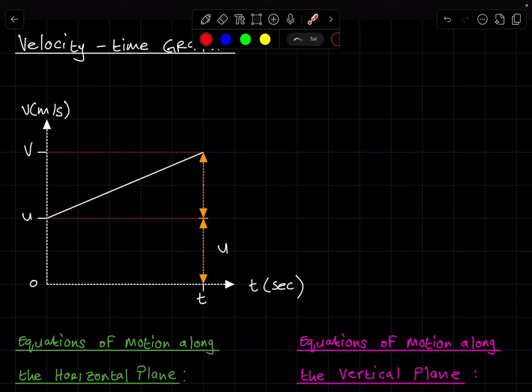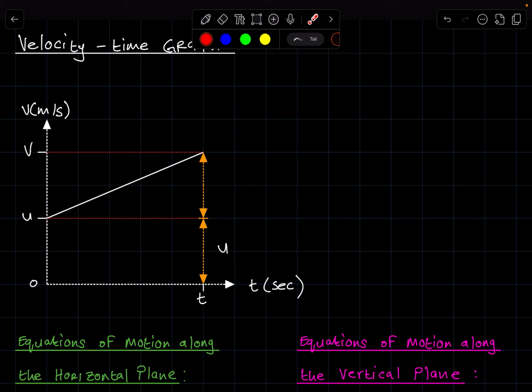A change in velocity means that there is acceleration, be it that the object is actually accelerating or it is decelerating. In this case, because the final velocity is more than the initial velocity, the object along this path was accelerating. So the velocity along this path is influenced by acceleration.